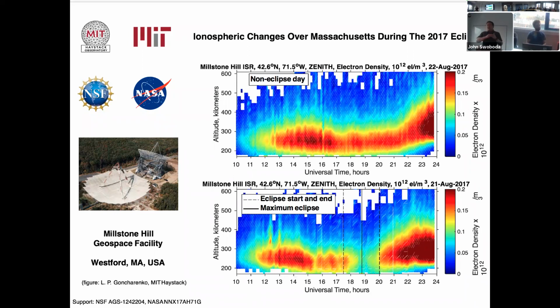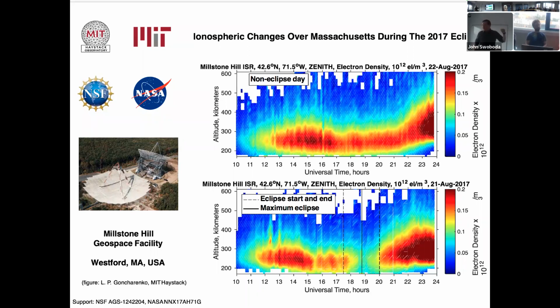Ion composition can change at times. Generally, it stays pretty stable during the daylight hours, but with the eclipse, there could be some changing in the ion composition, where the ion composition becomes much more important when you're trying to figure out electron temperature and ion temperature. Electron density is generally not that affected by that.